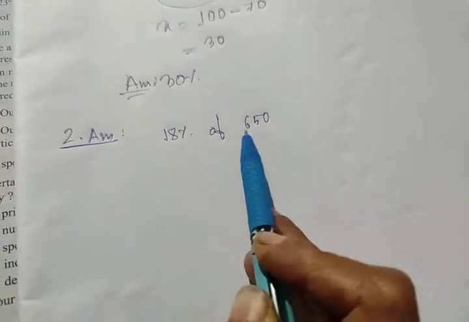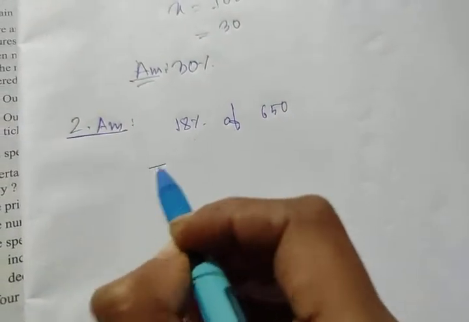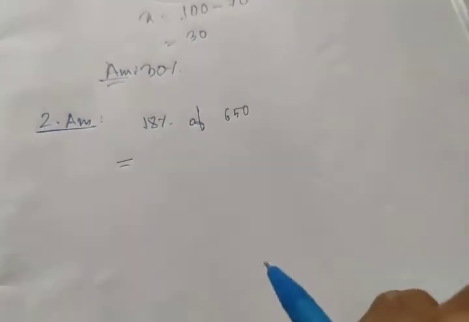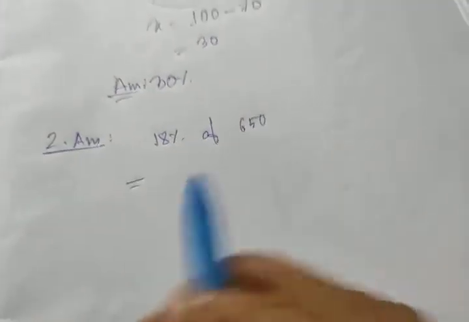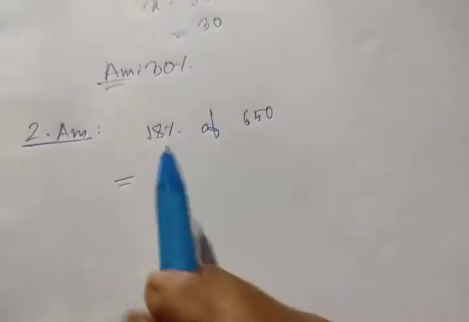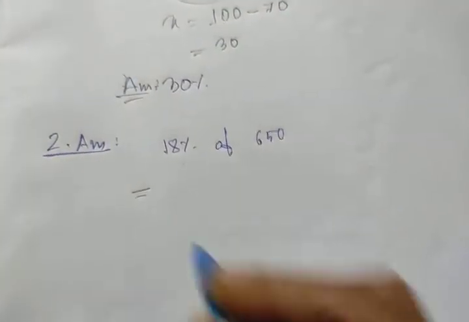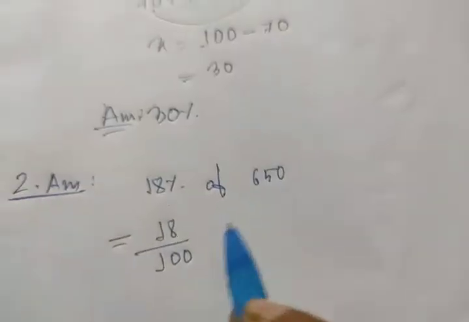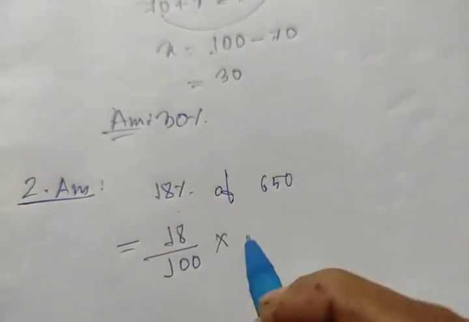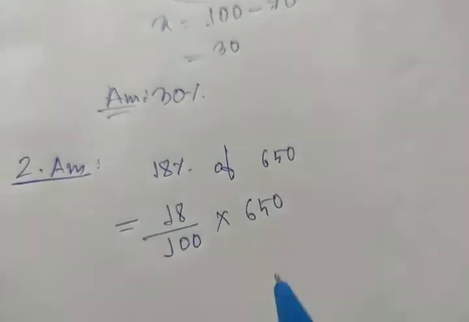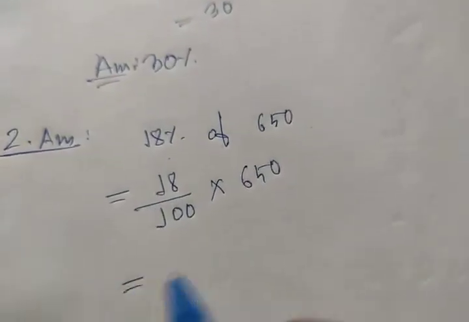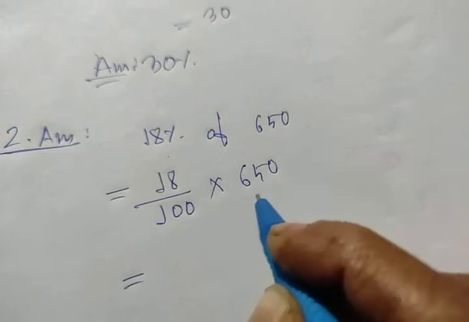If you remember, in exercise 9a we solved that type of question. We can express 18% as a fraction, 18 by 100. In place of "of" we write multiplication, and next is 650. Now we only need to simplify this.